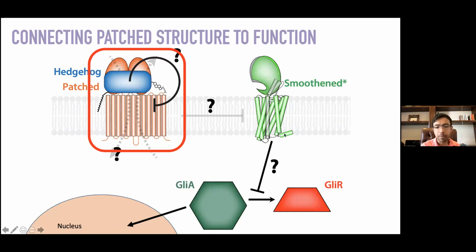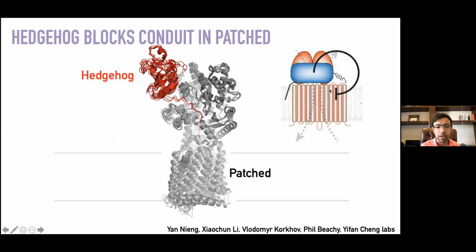Now, over the past couple of years, the labs of Yan Nieng, Xiaochun Li, and Vladimir Korkhov, along with Phil Beachy and Yifan Cheng, have determined a number of structures of Patched. Some of these structures are Patched alone. Some of them are with this morphogen hedgehog bound. And what these structures have generally revealed is the general topology of Patched, which is very consistent with a transporter-like molecule. They've also revealed how hedgehog binds to Patched.